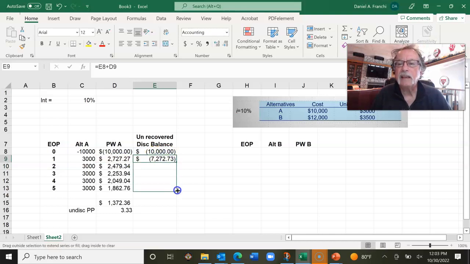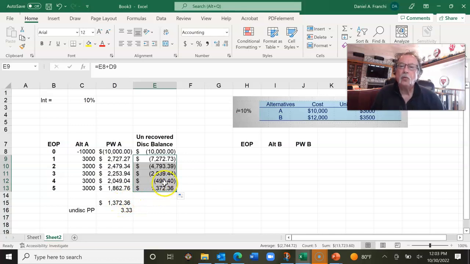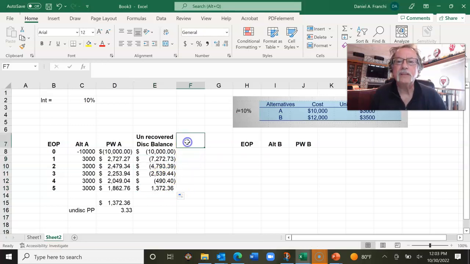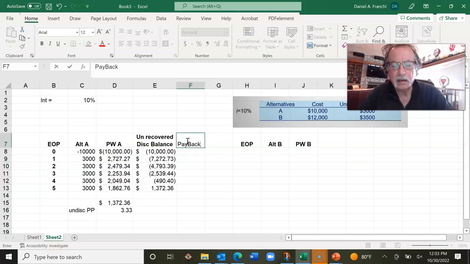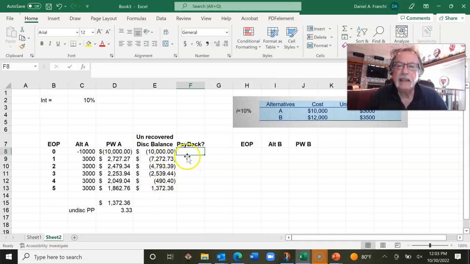We drag that down, and it should end up with the same as the present value. What happens is when this flips, you can write a formula, we can say payback, and if it's negative, it's no.